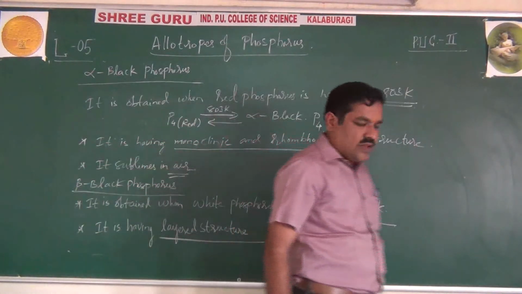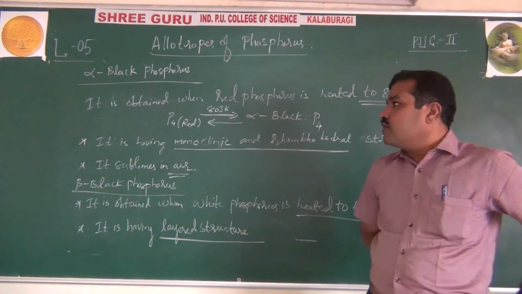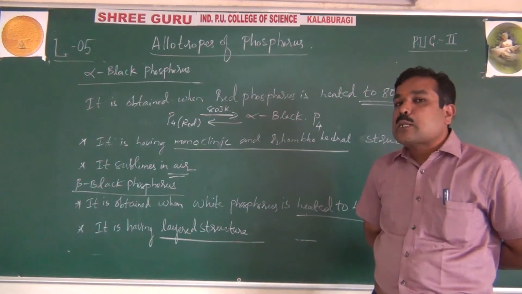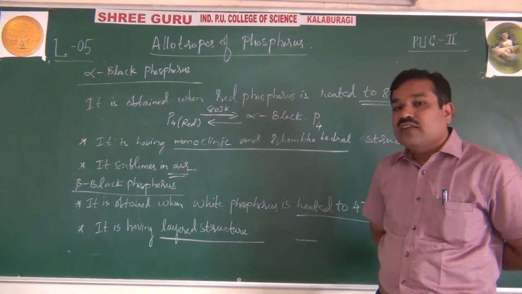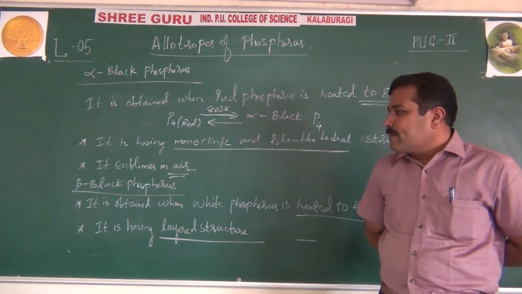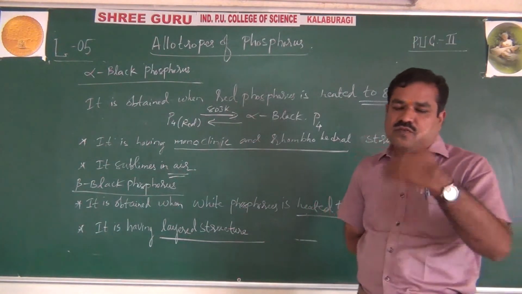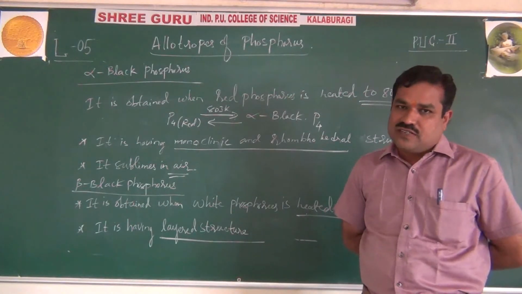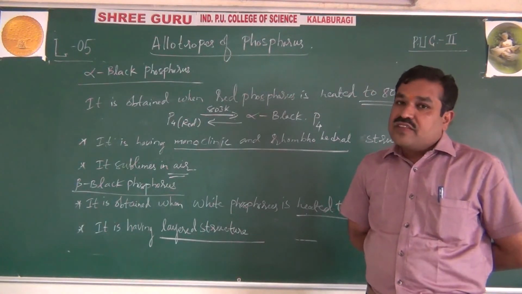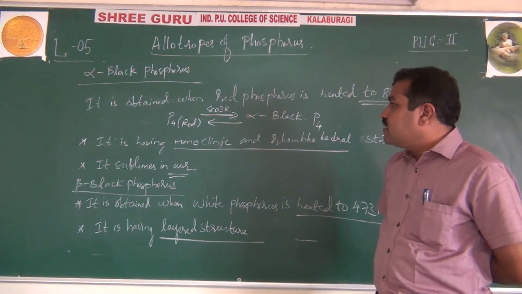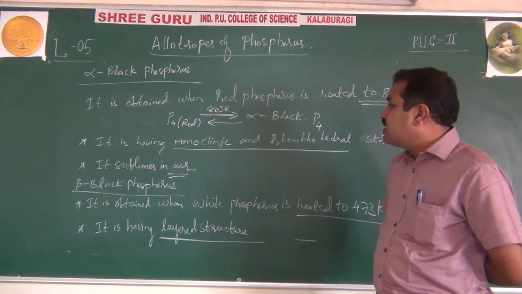So very simple. White phosphorus heated to 573 Kelvin, you will get red phosphorus, right? But the same red phosphorus, when heated further to 803 Kelvin, you will get alpha black phosphorus.